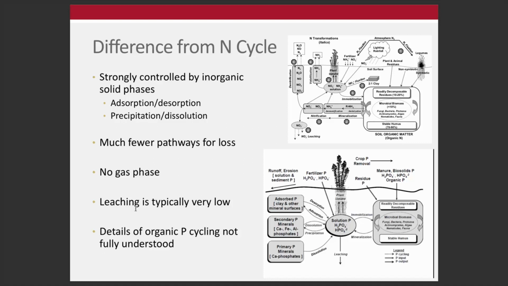There's no stable isotope form. It's a radioactive isotope, which is much more dangerous to work with, a lot more controlled, and just more expensive as a result. So that's one of the reasons that, while there's still plenty of mystery in terms of the controls of nitrogen cycling in the organic fraction, for phosphorus it's even more so.